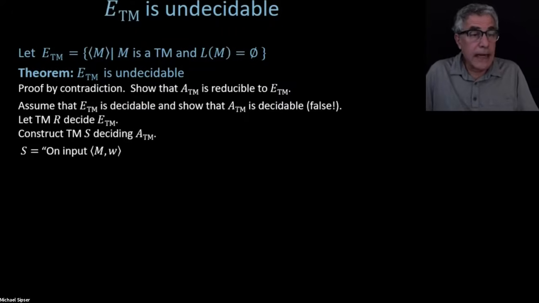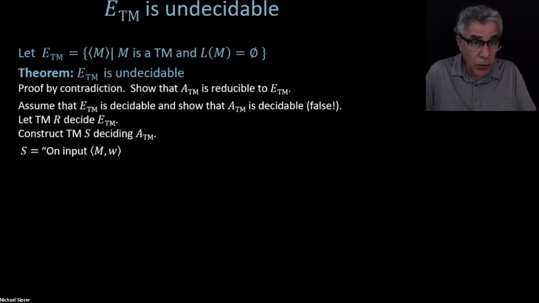Well, the problem is that M is possibly accepting all sorts of strings besides W, which are mucking up the works and interfering with the solution that we'd like. We'd like to use R on M to tell us whether M is accepting W, but M is accepting other things, and that's making the picture complicated.